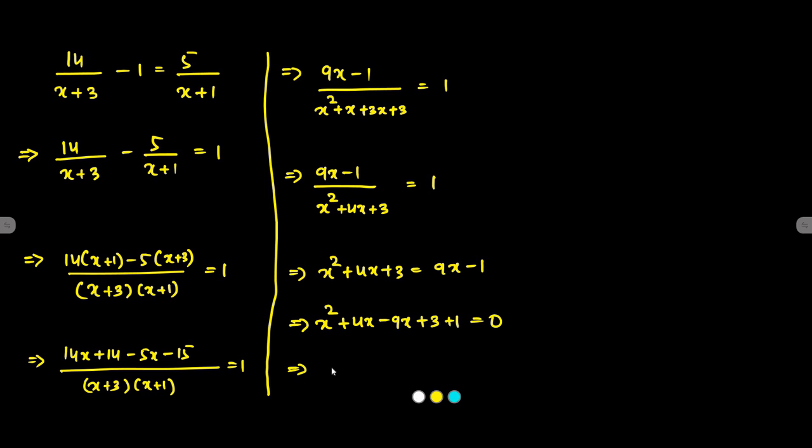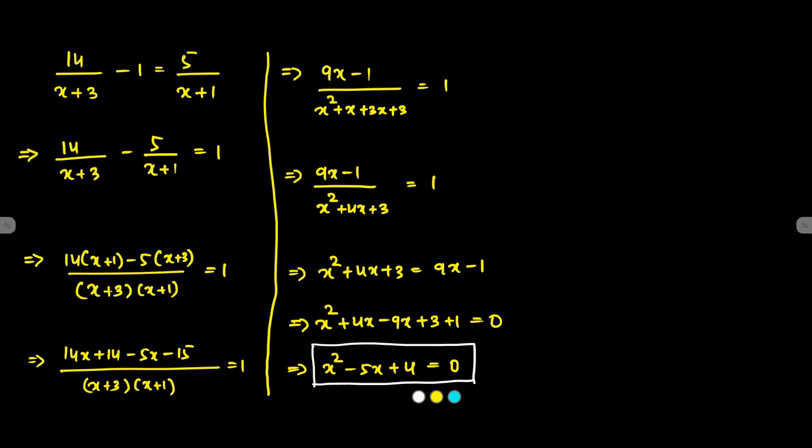That implies x square minus 5x plus 4 is equal to 0. So this is the format which we want, the standard format of quadratic equation. x square minus 5x plus 4 is equal to 0.